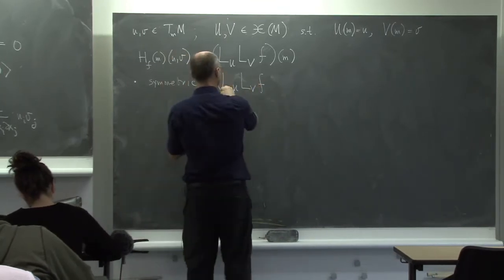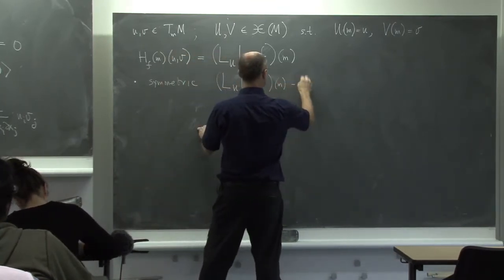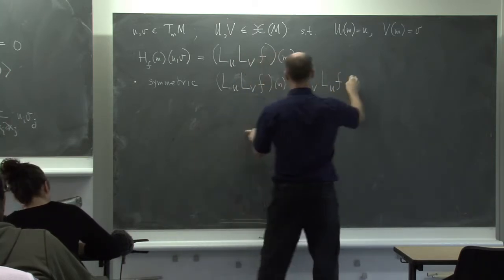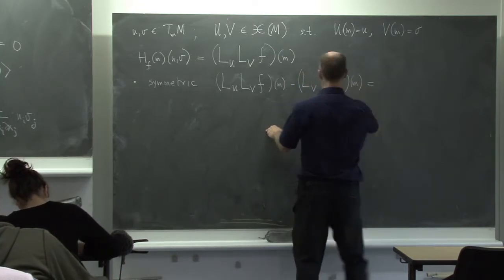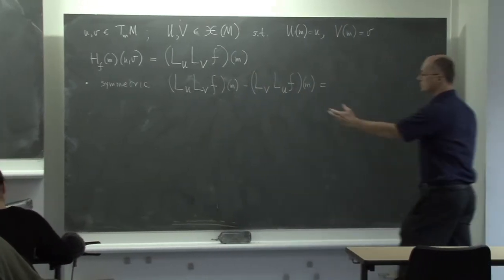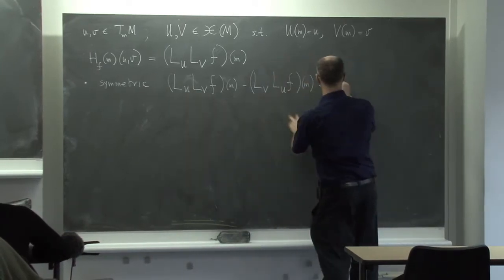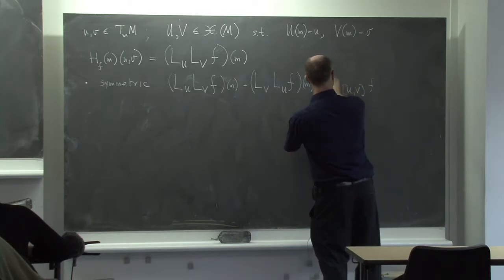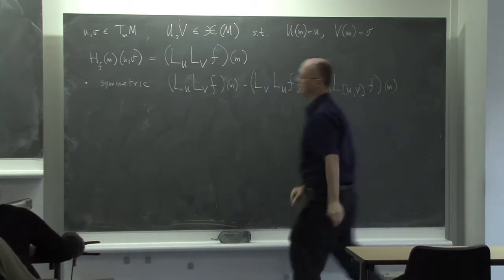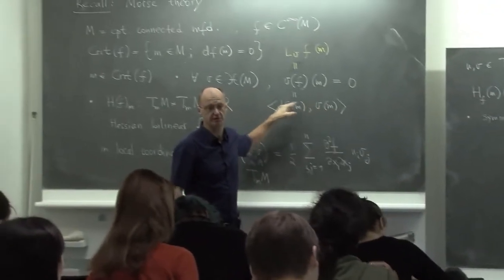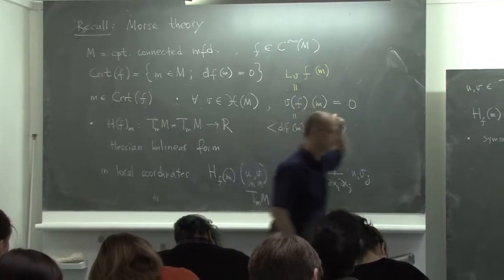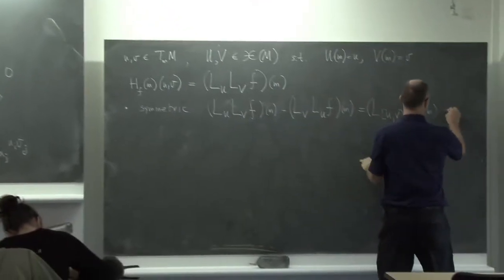If you take a difference, let's exchange the roles of U and V. Then, because of the properties of Lie derivatives, you will get L_[U,V] f computed at M. But we know that this is 0 by this property: any Lie derivative of f at a critical point is 0.